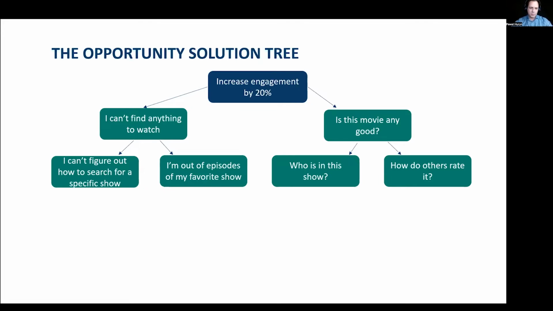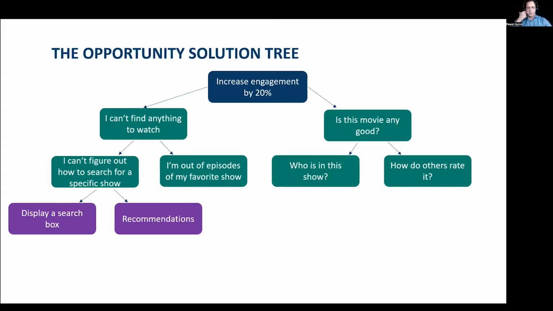Ideating is something that we do separately, not with the customers. So, for example, for the problem "I can't figure out how to search for a specific show," the solution may be to display a search box or maybe display recommendations. And after we have a set of ideas, we can start testing them.